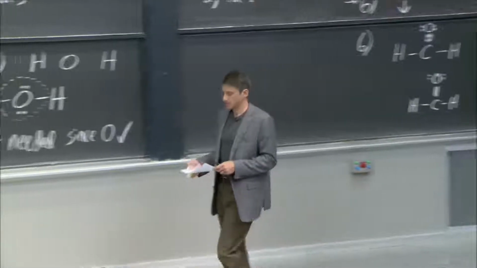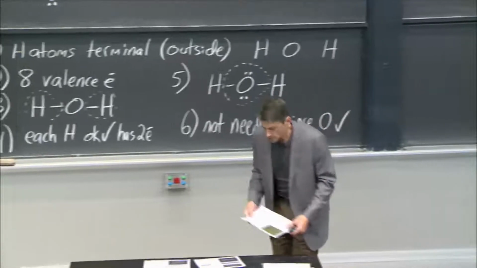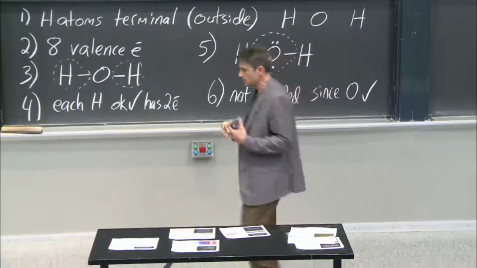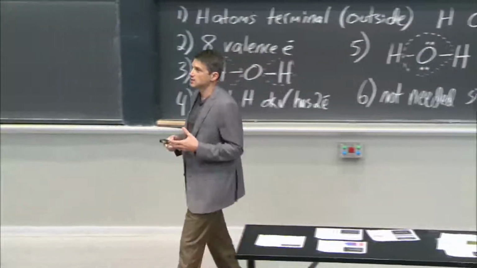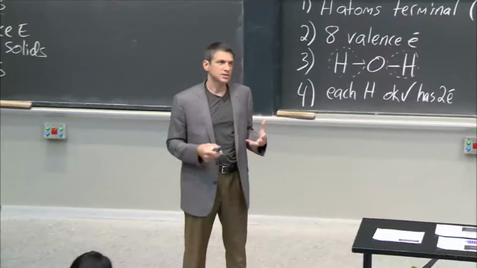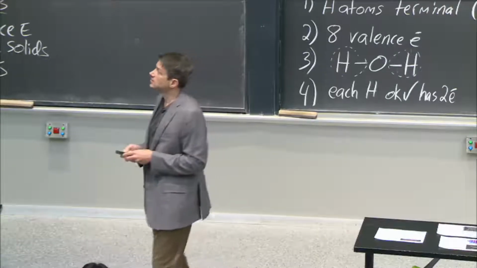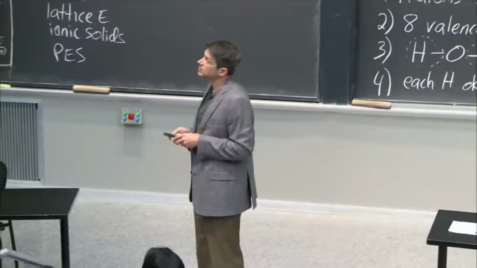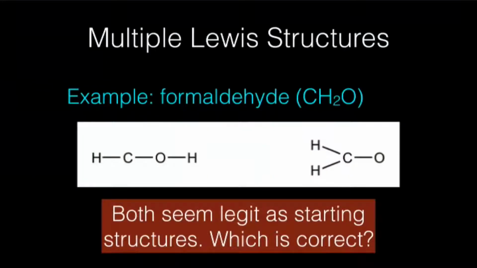They're all sharing. So this is kind of the general idea of Lewis. Following the Lewis prescription tells us about covalent bonds, and it tells us how many electrons are going to be shared. Now, it also tells us something else that's very important, and it's through this concept called formal charge. So that's the next thing that we need to learn.